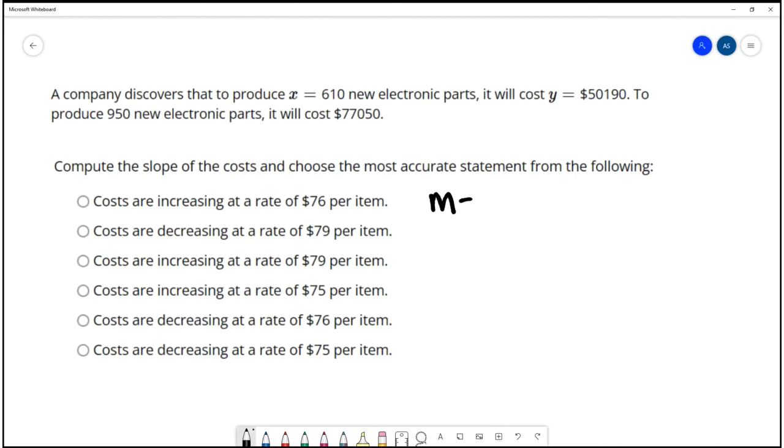The formula for calculating slope is y2 minus y1 over x2 minus x1. In this example, we're given 2 x values and 2 y values. So we'll let this be x1, y1, and this one be x2, y2.